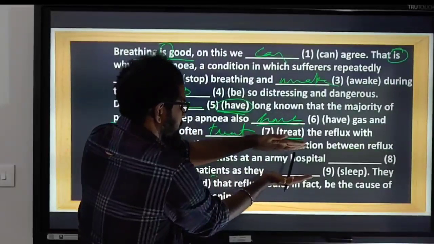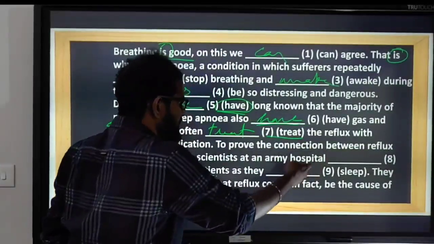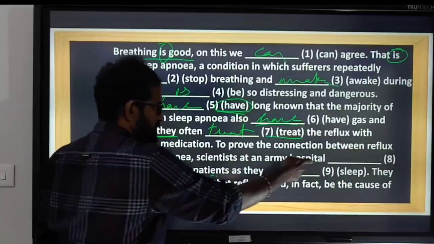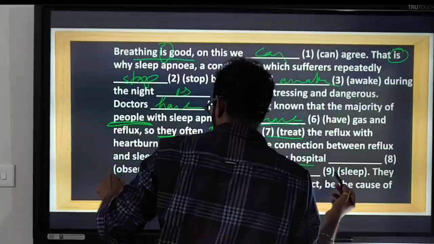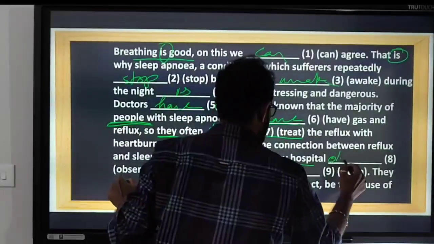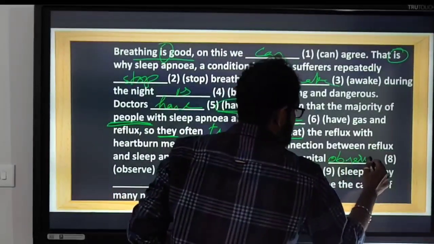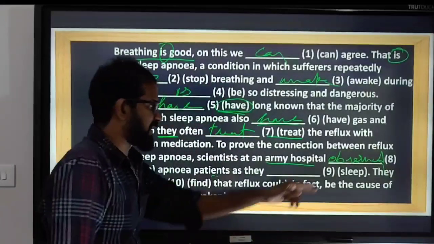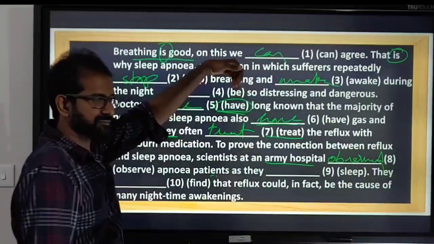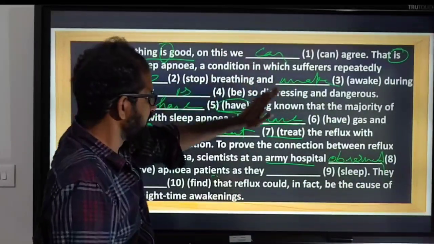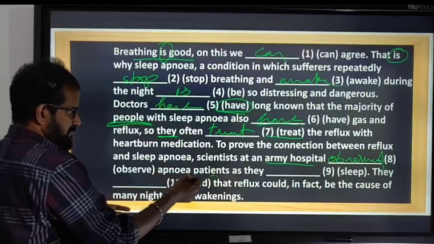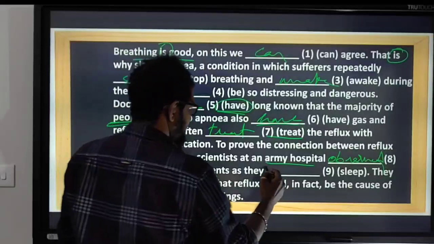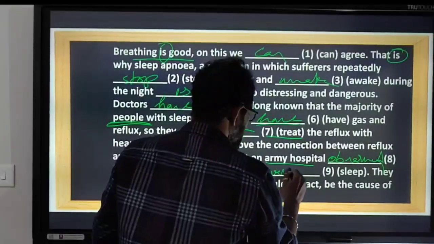Suddenly these lines are talking about a past incident that they have done in a hospital. Scientists at an army hospital. So here we go back to past tense again. Observed. So we use past tense because this was present, and again they are talking about the past event. Observed apnea patients as they were sleeping.